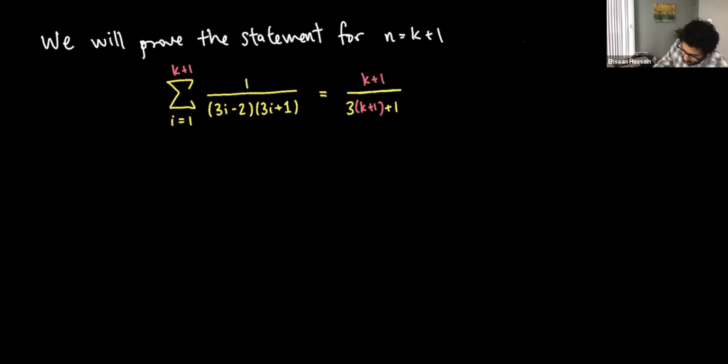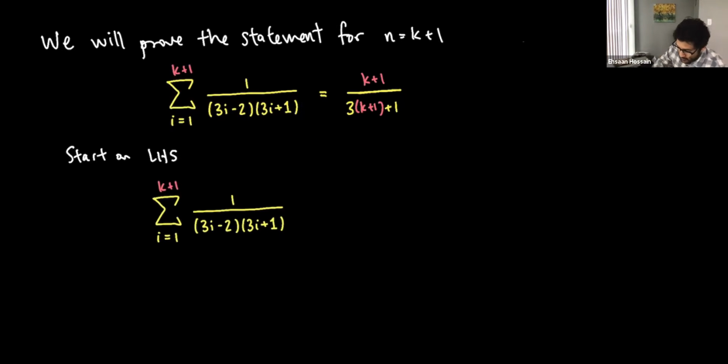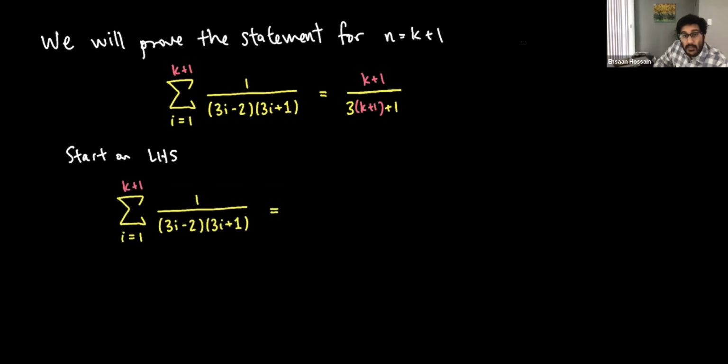Okay, so let's just start on the left-hand side. So start on LHS. Take this thing. And what's the first thing I should do? Split it up into two summations. Okay, which two summations? Partial fractions, no. We don't do partial fractions in this class. i equals 1 to k and 1 to 1, exactly, right?